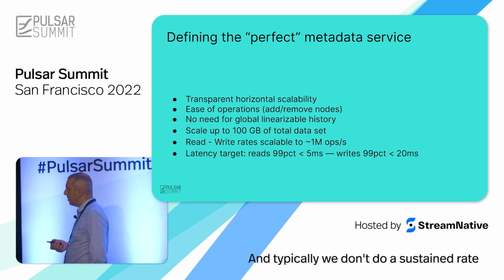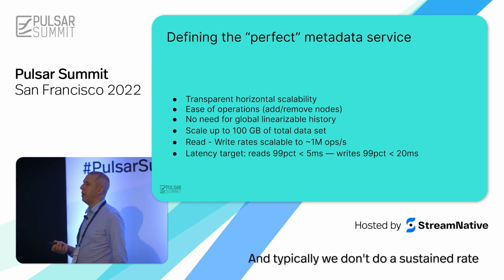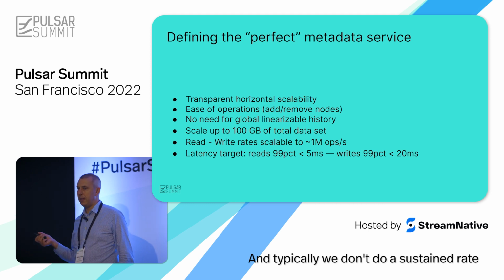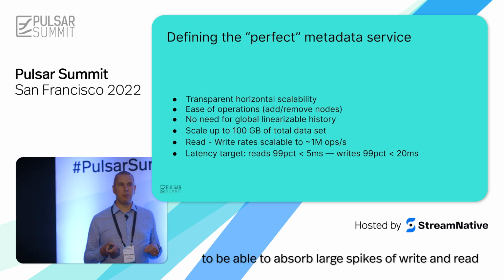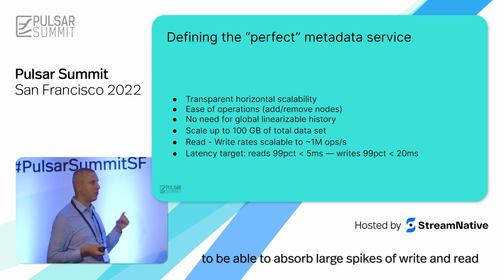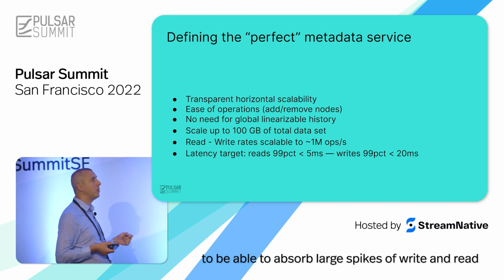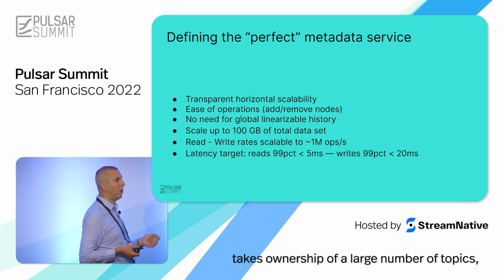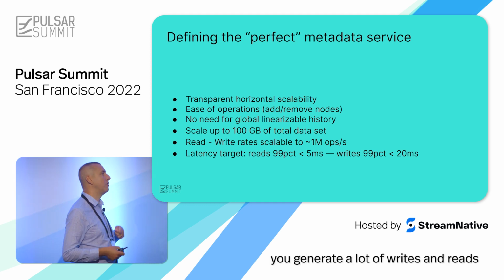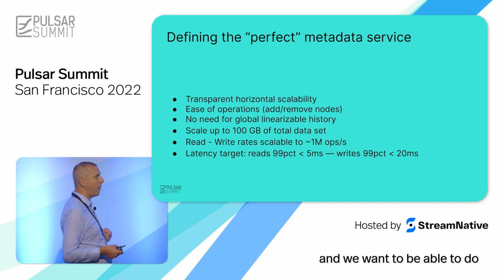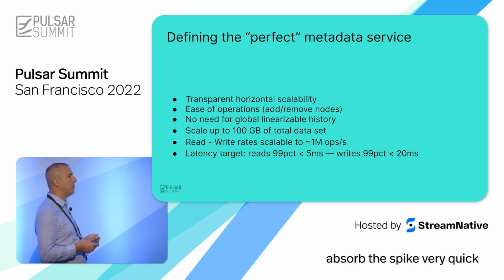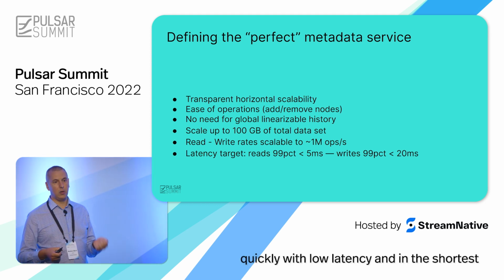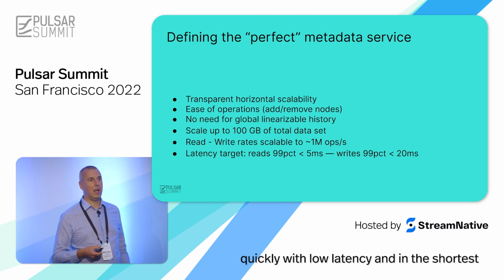Typically we don't have a sustained rate like this, but it is very important to be able to absorb large spikes of writes and reads, because when a broker changes ownership of a large number of topics, it generates a lot of writes and reads. We need to absorb that spike very quickly, with low latency and in the shortest amount of time.